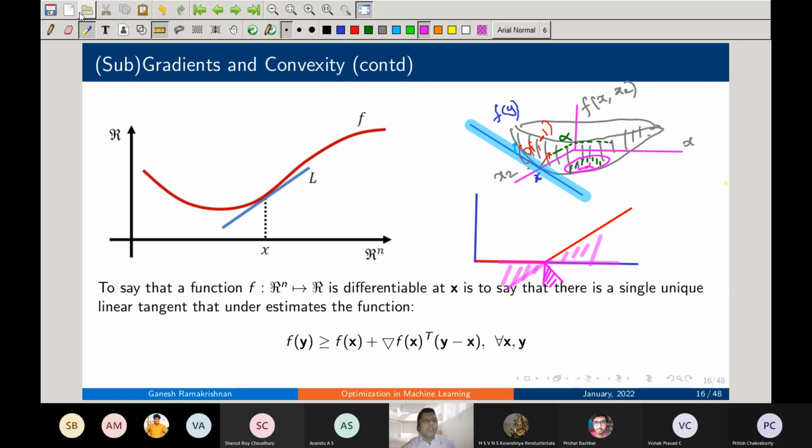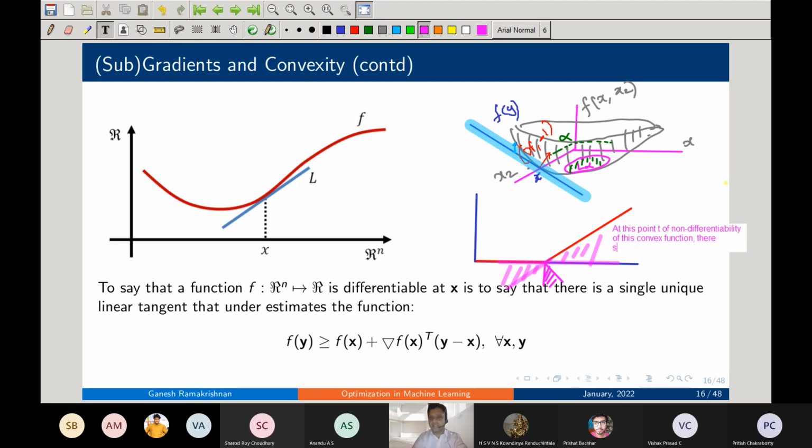These are the hyperplanes. The intuitive idea is that all of these hyperplanes are supporting. So at this point, let's call it the point of non-differentiability of this convex function.